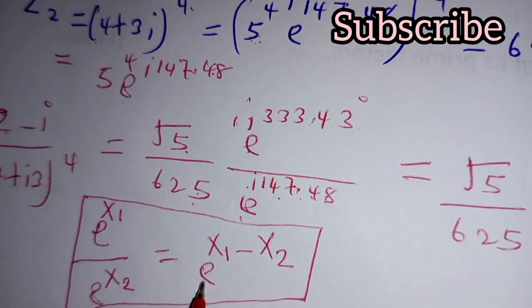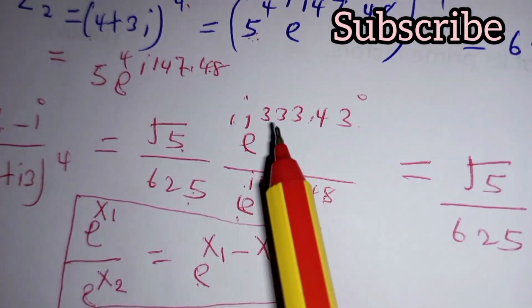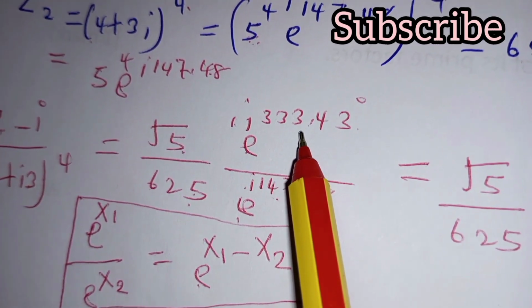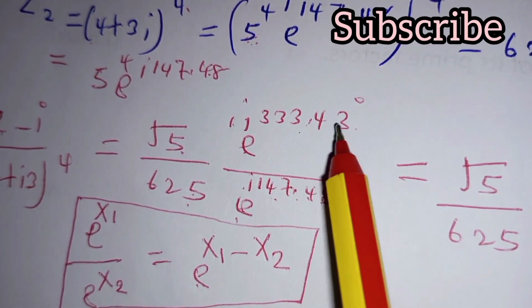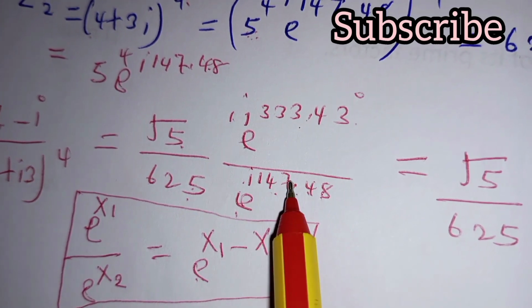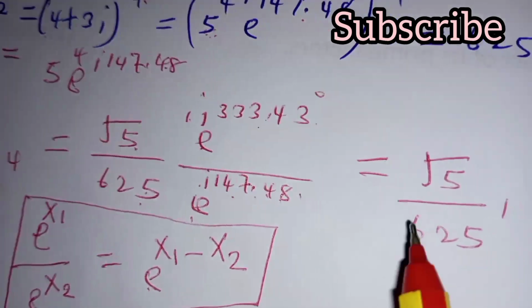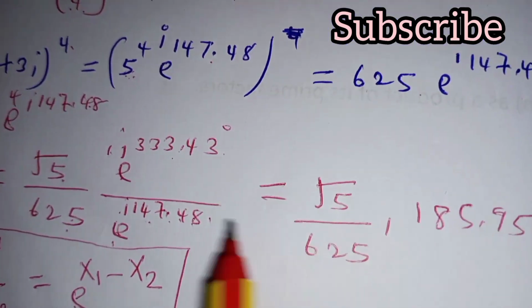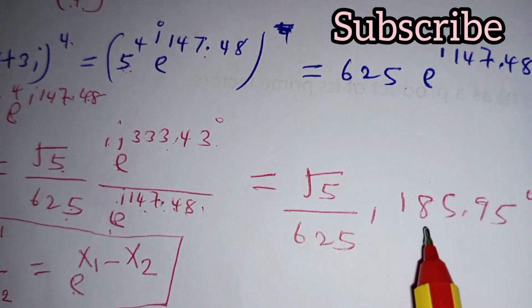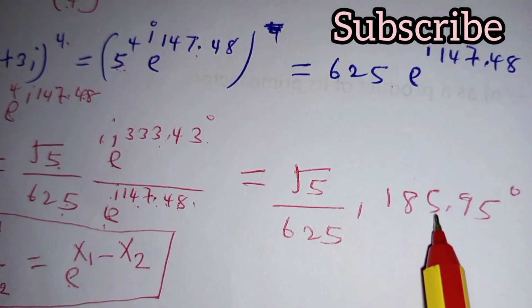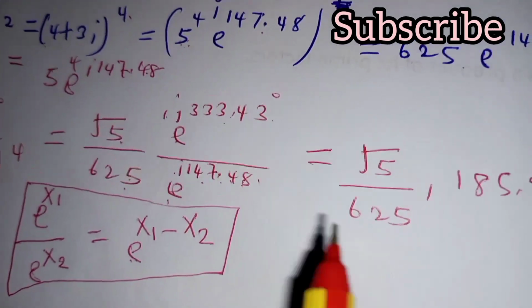These are the laws of indices. So we subtract 333.43 degrees minus 147.48 degrees, and the result will be 185.95.